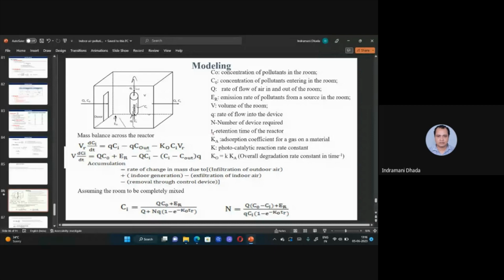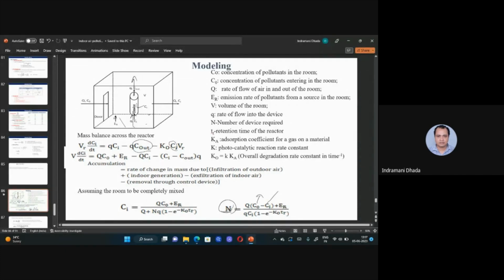You have C out 40 and C in 60 or 70, whatever concentration is being released, and based on that you can calculate the number of such devices you have to put inside this industry. You can put this number of devices to get C out of a certain concentration, 40 ppm.